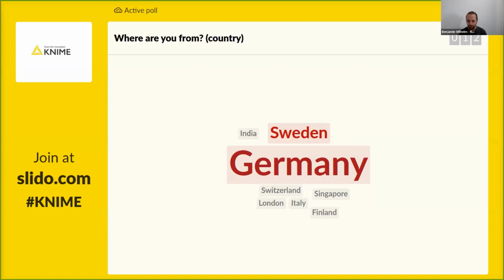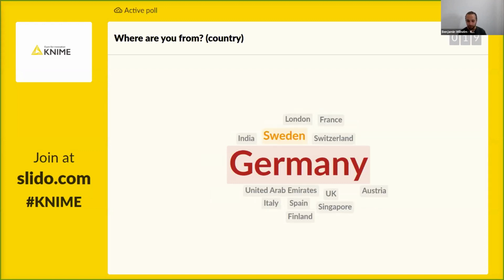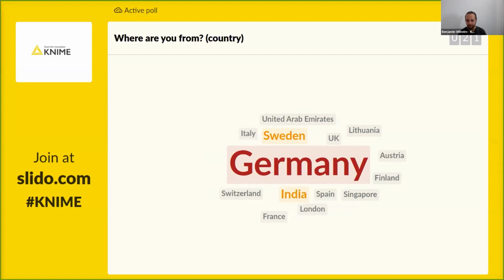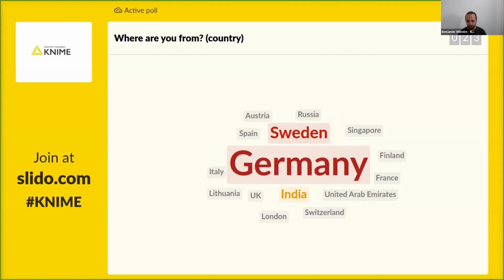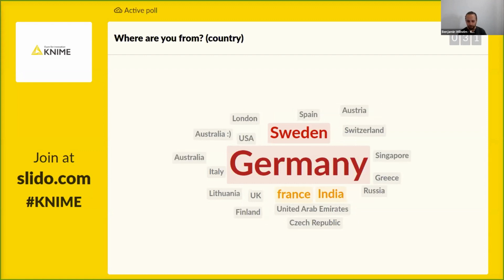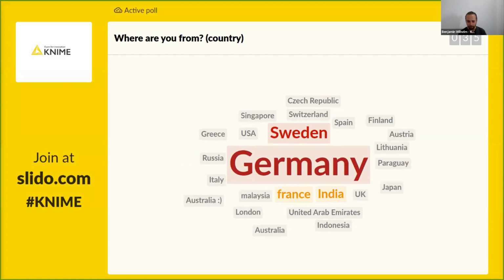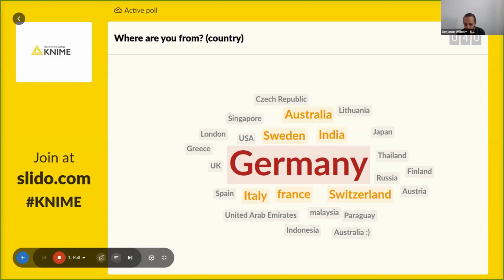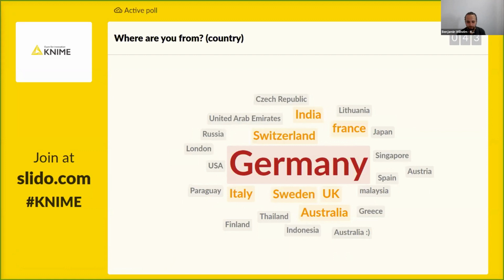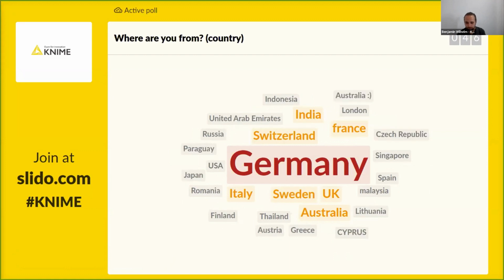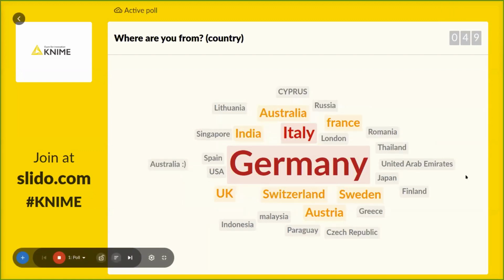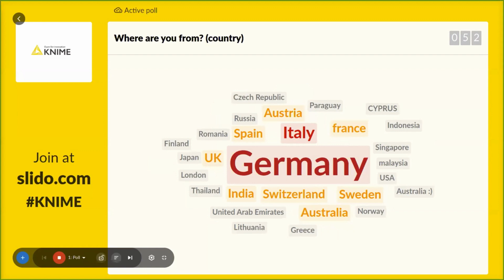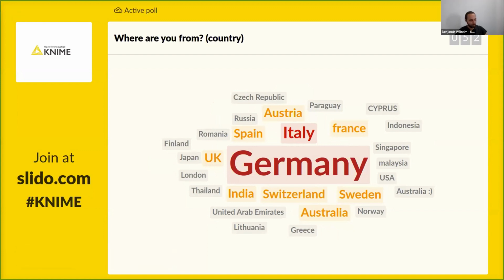So many people from Germany, and I guess two already from Sweden. We have many countries. Also Singapore. Oh, wow. Many European countries, but also Australia, the United Arab Emirates. Awesome. Some people from India. Yeah, looks very cool, Benny. Seems like we have an audience from all over the world. Yes, that's awesome.